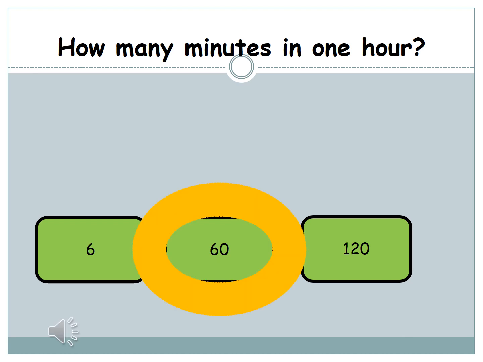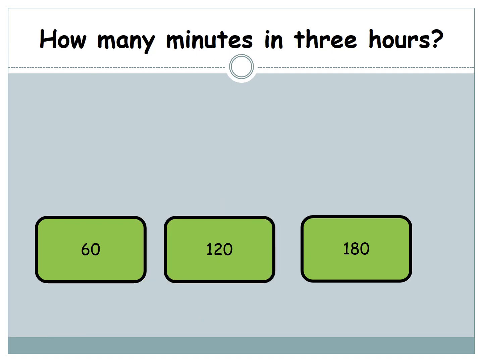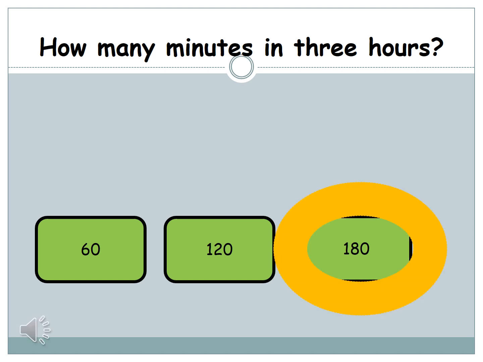The answer is 60. There are 60 minutes in 1 hour. The correct answer is 180 because we know that there are 60 minutes in 1 hour, so 60 times 3 is 180.